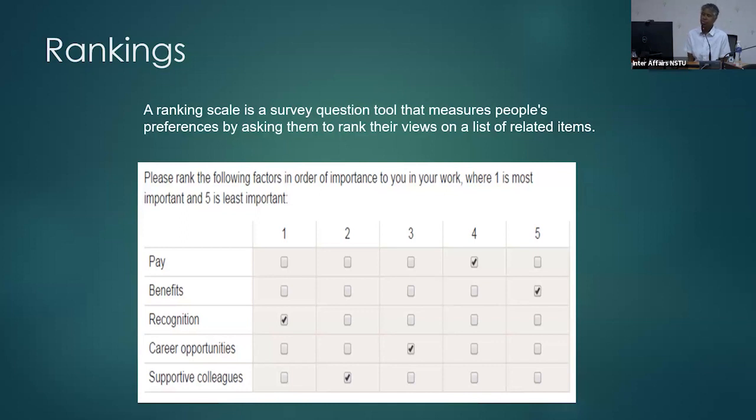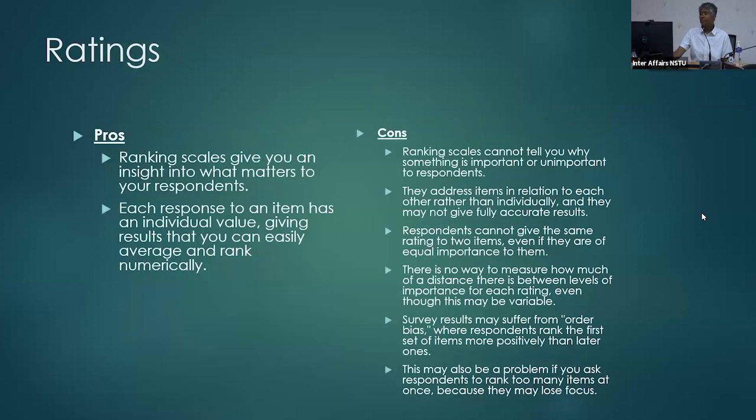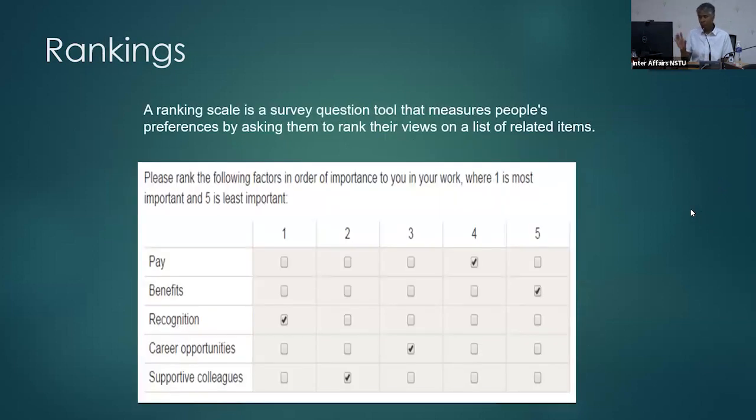So you're supposed to rank order what's the first thing that's important of these 5 categories, what's second, third, fourth, and fifth. I have to tell you that when I have used this type of measurement, people often do not use it correctly. There has to be a lot of training and education to get study participants to understand how to accurately use this type of scale.